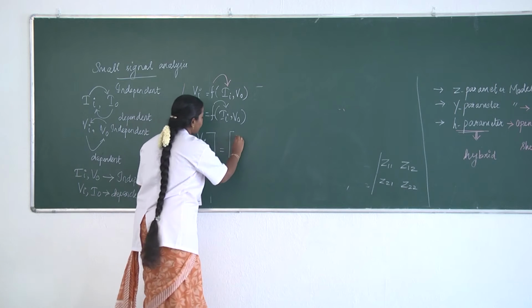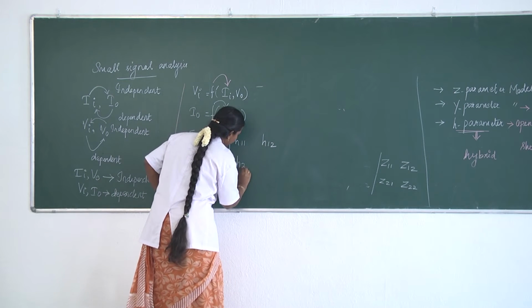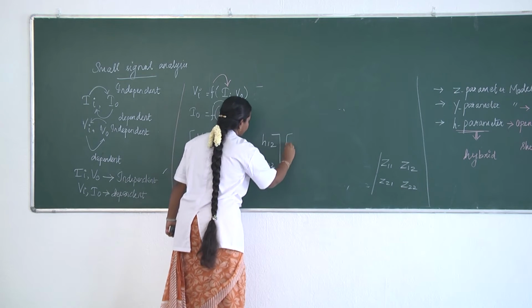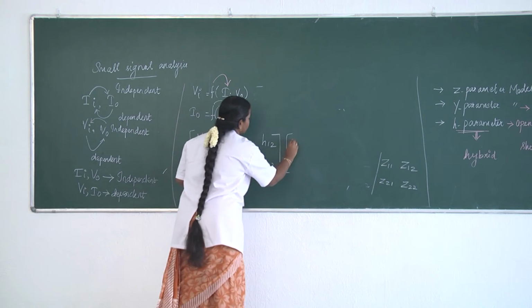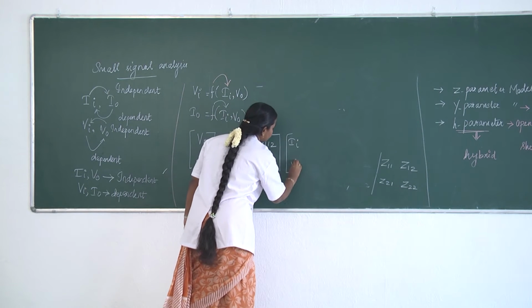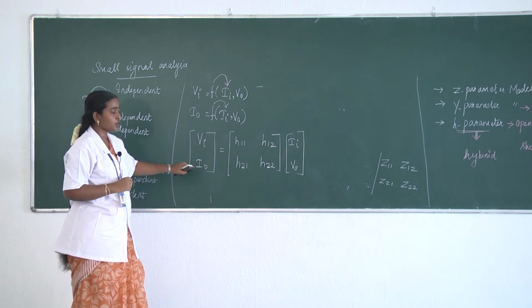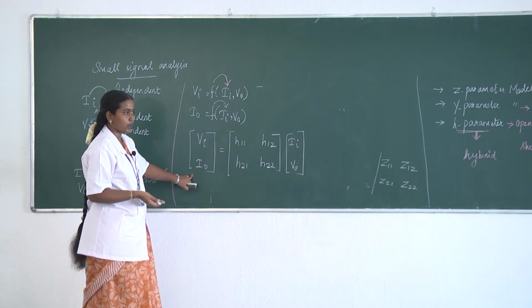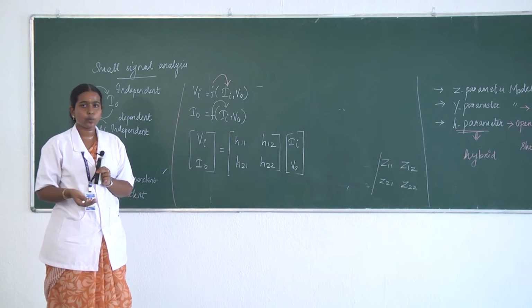So I am going to have H11, H12, H21 and H22. So next 2 terms which are independent are II and V0. So now we have a matrix. So from this matrix, what we want to do is, we want to form the 2 equations. From the 2 equations, we are going to draw the transistor equivalent circuit.